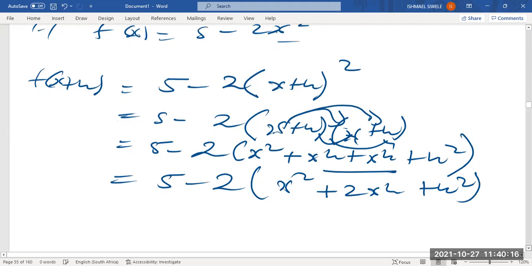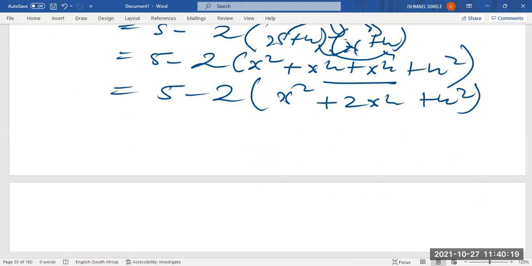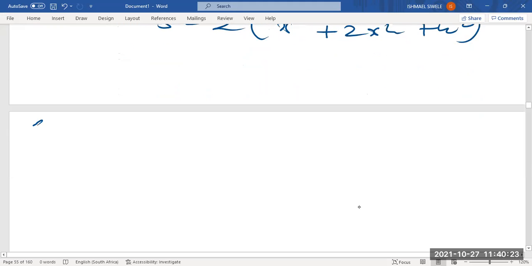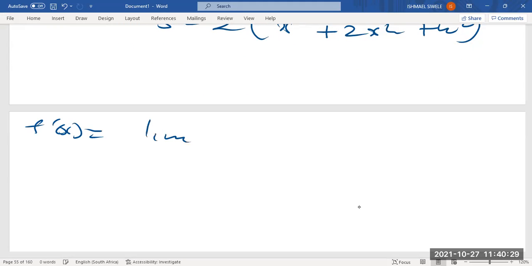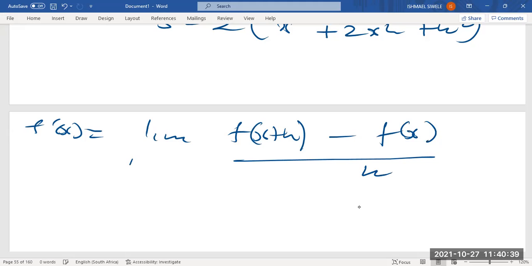Now we can plug everything into the first principle equation. f prime of x is the limit of f of x plus h minus f of x, all over h, as h approaches 0, right? That's what we know. Now we did compute f of x plus h.